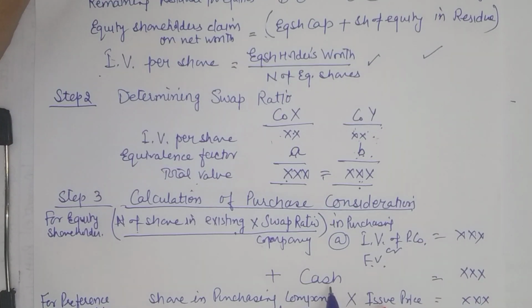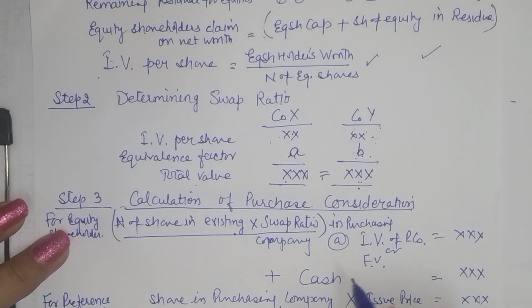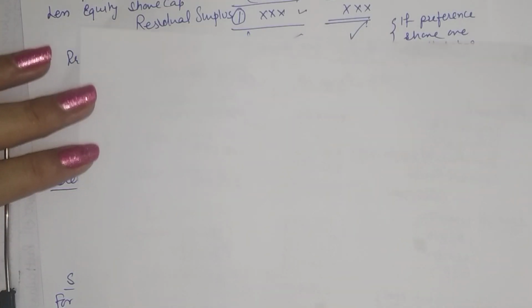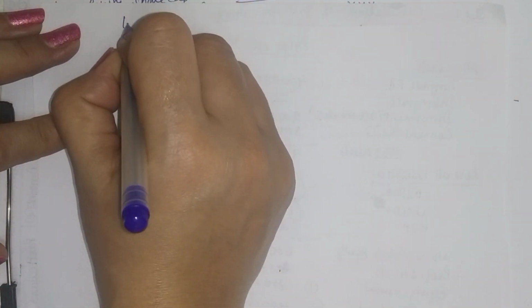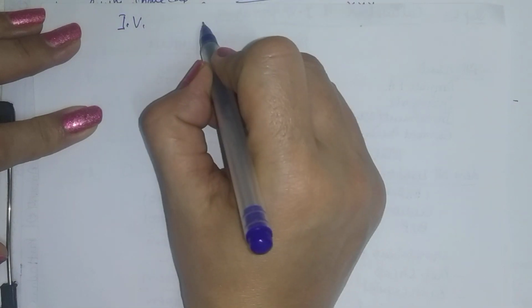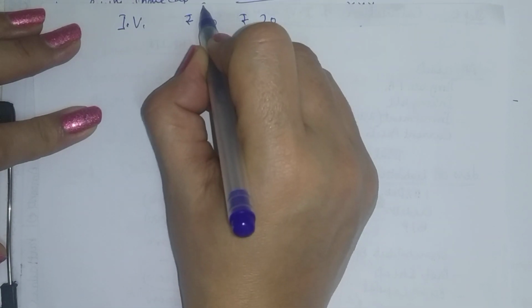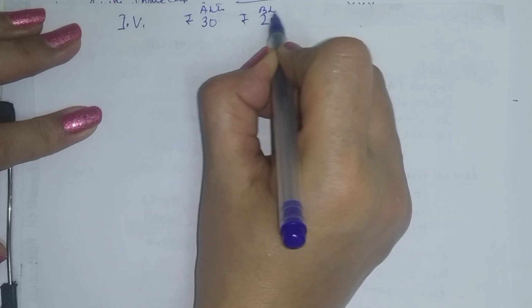Now coming to this point, cash. As I told you, it can have cash also. Cash comes in when we have a fraction. Let us take an example. Suppose the intrinsic value of the shares is 30 rupees and 20 rupees, in the present case. This is A Limited and this is B Limited.